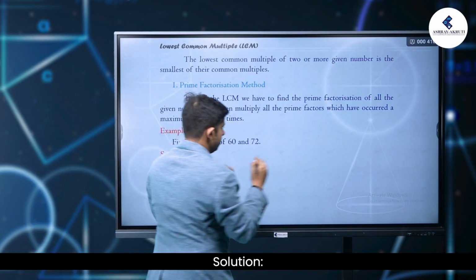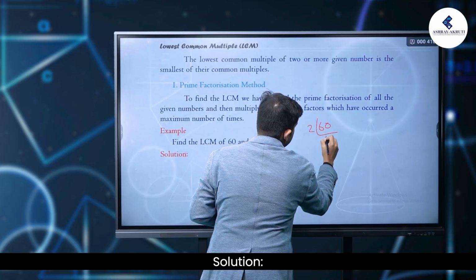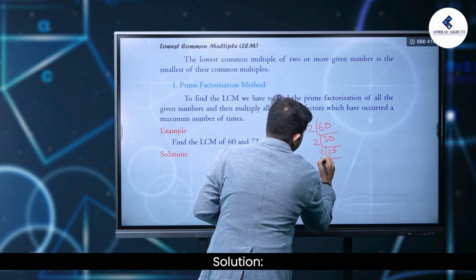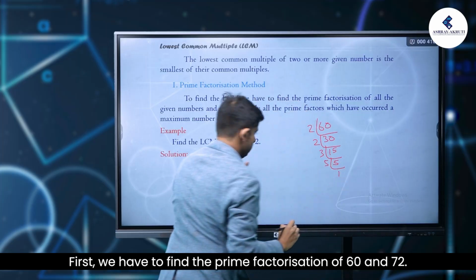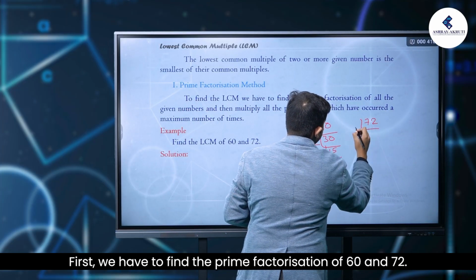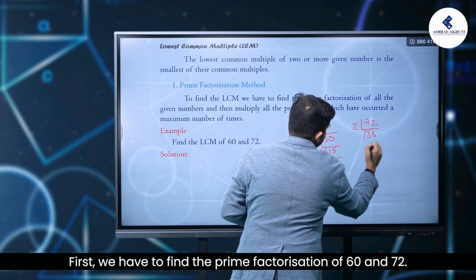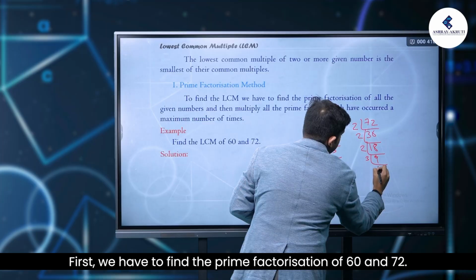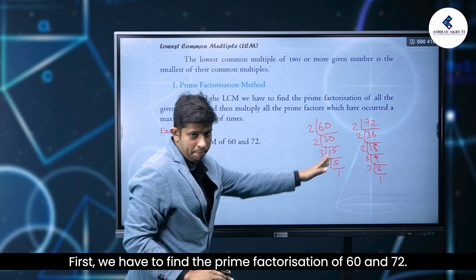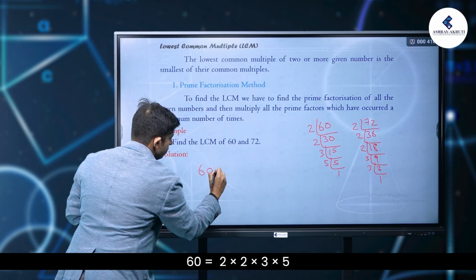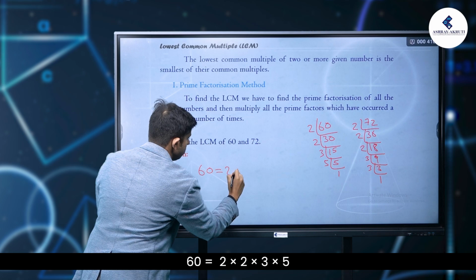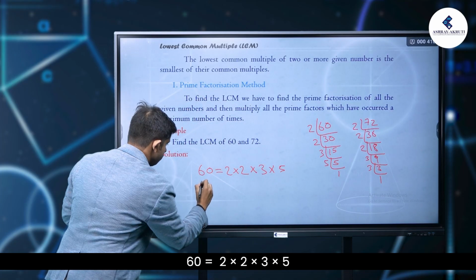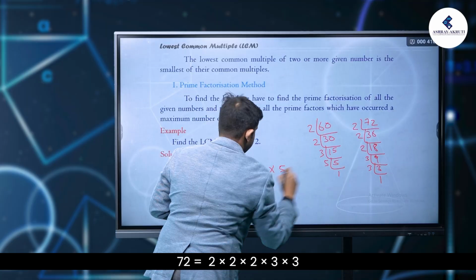Solution. First, we have to find the prime factorization of 60 and 72. 60 is equal to 2 into 2 into 3 into 5. 72 is equal to 2 into 2 into 2 into 3 into 3.